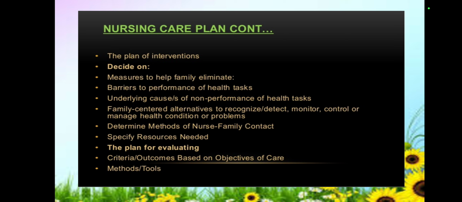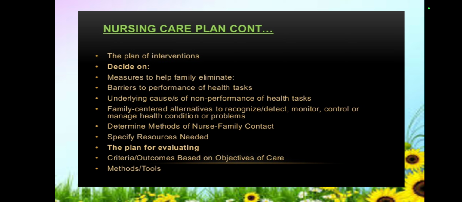So, the plan of intervention is decided based on what? So, these are the basis, no? So, measures to help the family eliminate the barriers to performance of health tasks, the underlying causes of non-performance of health tasks, family-centered alternatives, okay, to determine the methods of nurse-family contact, and to specify resources needed.